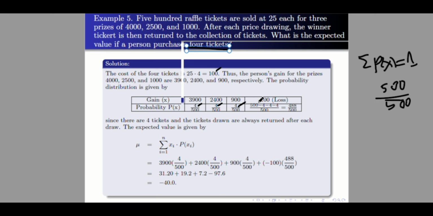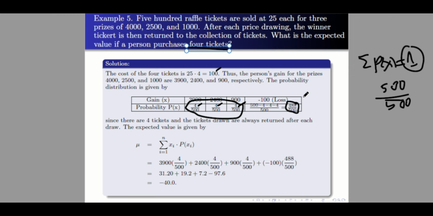By doing this, we get 488 over 500. So when you add 488 plus these three 4 over 500, the result is 500 over 500, which is equal to 1. So the properties of the probability distribution of a random variable x are satisfied.